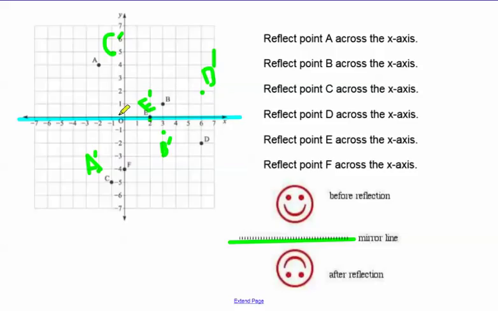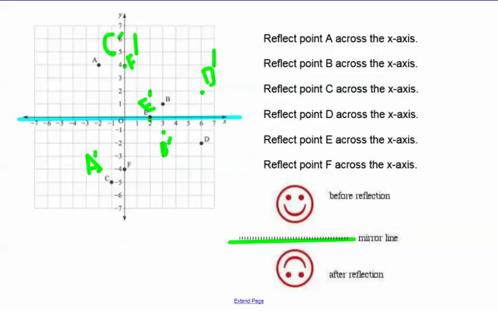All right, and then last, looking at F, we want to reflect F over the x-axis also. F is 4 away, so we're going to make it 4 away on the other side, and we call that F prime.